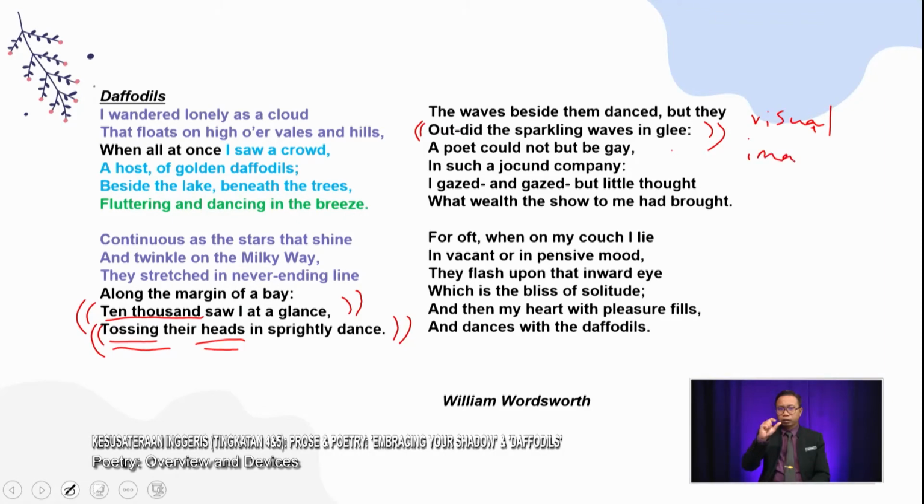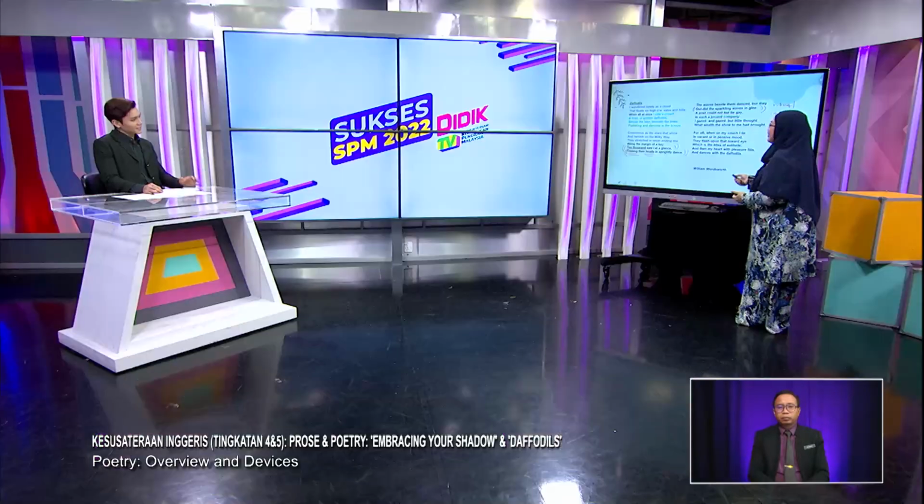Sparkling waves in glee. Would you say visual imagery? Yes, we can. This is an example of how the daffodils were in competition with the waves. Okay, so far? Right, I think that sounds good.